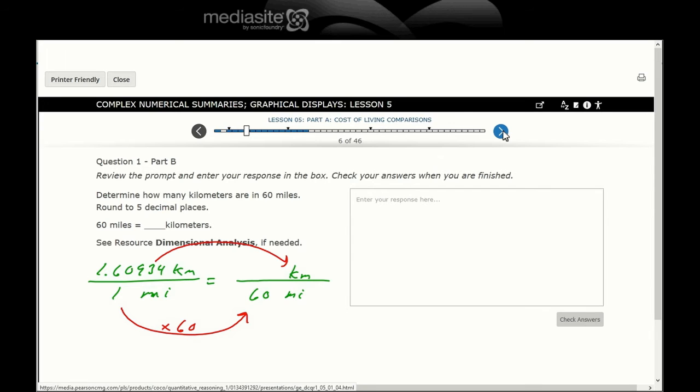Do the same thing on the top. I should get the kilometers. So let's take the 1.60934 and multiply it by 60. So let's see, 1.60934 times 60 gives me 96.56040 kilometers.